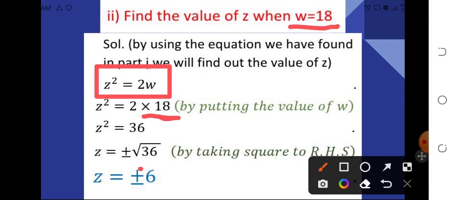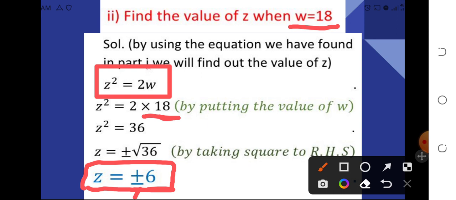Now, to get free from this radical sign, we find the square root of 36, which is 6. 6 is the perfect square root of 36. So Z equals plus minus 6, and this is the answer of our second part.